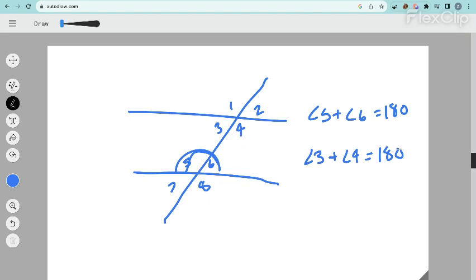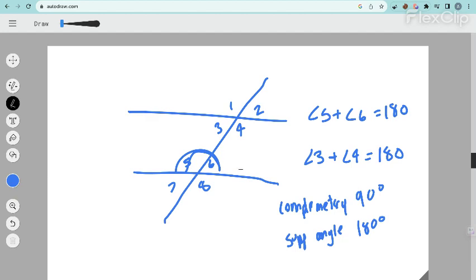These are just fancy names. A complementary angle means that it's 90 degrees. A supplementary angle means it's 180 degrees. So you could say that same side interior angles are supplementary because they will always add up to 180.